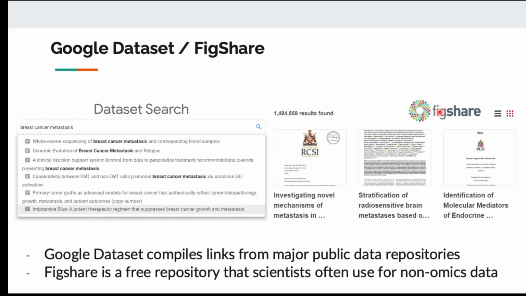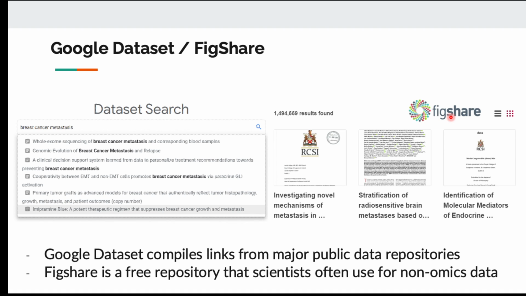So you can upload your data to Figshare, and they will give you the DOI number that you can refer to. This way you can make your data official for types of data that don't have a standard omics database. Okay. So that's the second type of resource where you can go get the actual data.